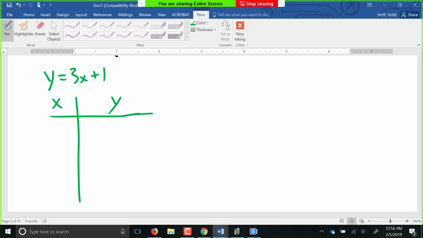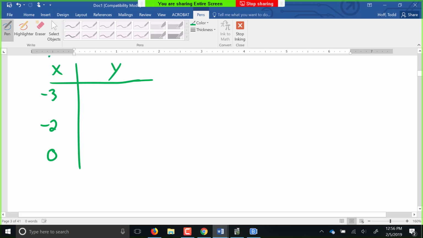I want to pick a variety of values for x to put in there to find values for y. So I might try x equals negative 3, x equals negative 2, maybe x equals 0, maybe x equals 1, maybe x equals positive 3.